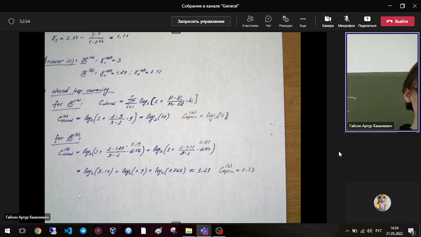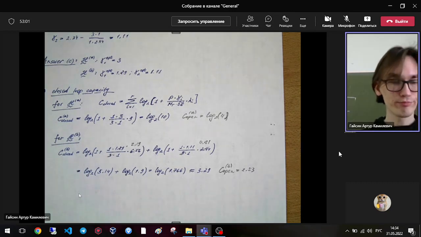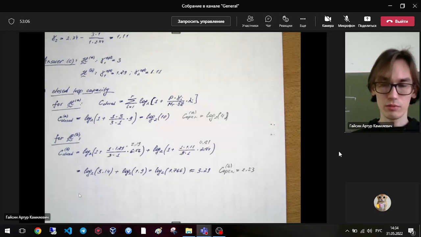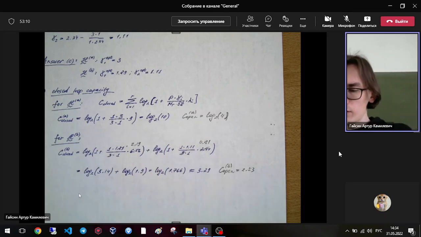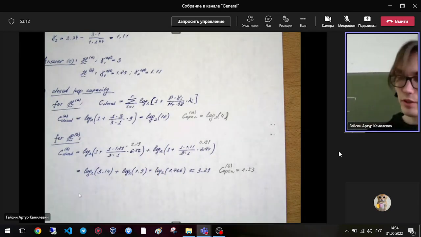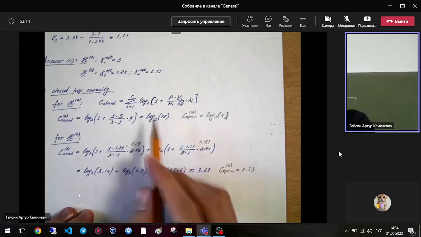So yes, channel is known to transmitter, MIMO case. And this thing, something like when we want to extract spatial diversity. So yes, in this case, only one eigenvalue is better if we compare it like this one.